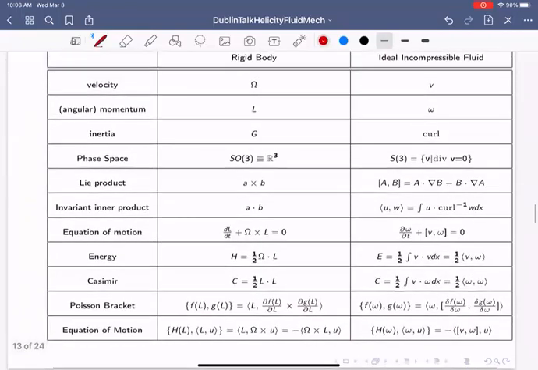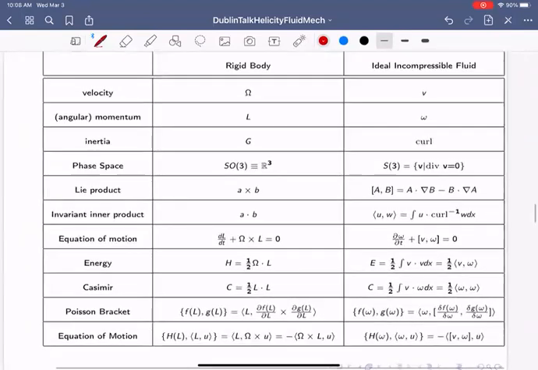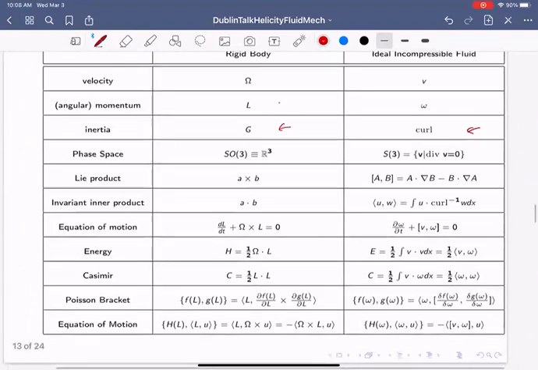Okay, so I want to summarize what I said so far in this one slide. There is a close analogy between rigid body mechanics and fluid mechanics. The angular velocity is like the velocity, angular momentum is like vorticity. The moment of inertia is analogous to the curl.